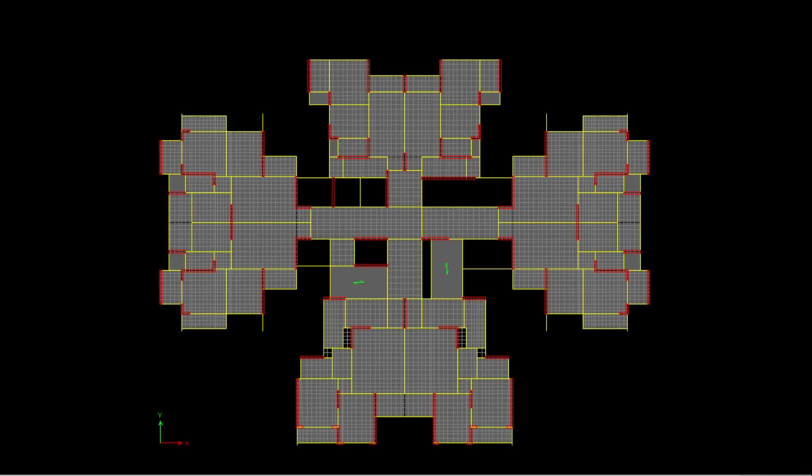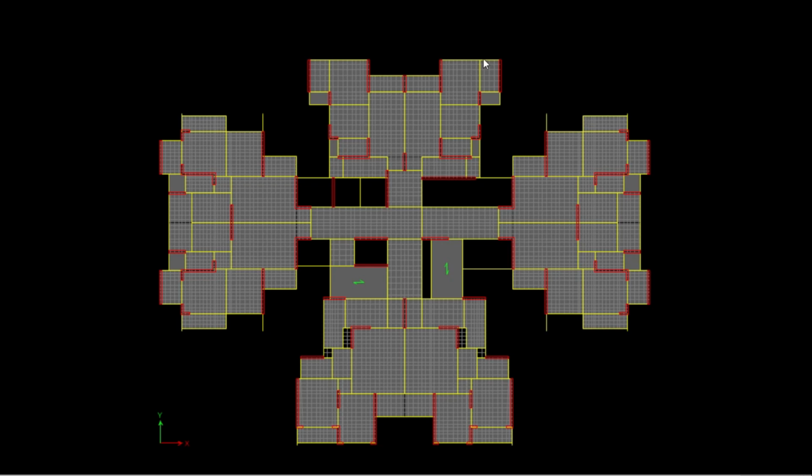So for a perfectly orthogonal system of lateral load resisting system, we again come back to our this model, and you can see here that all shear walls are either along X direction or along Y direction. They are orthogonally oriented. So in such case, our combinations for X and Y, they will be either along X only or along Y only seismic combinations.